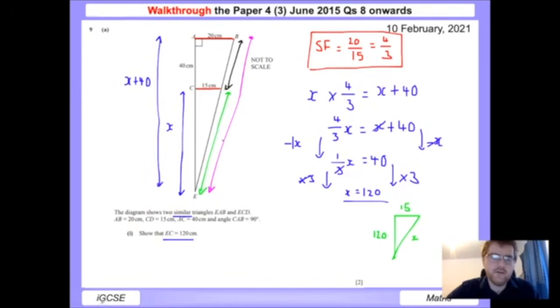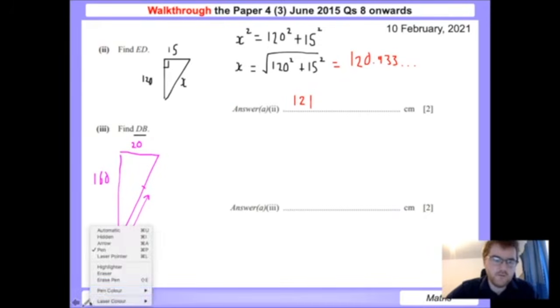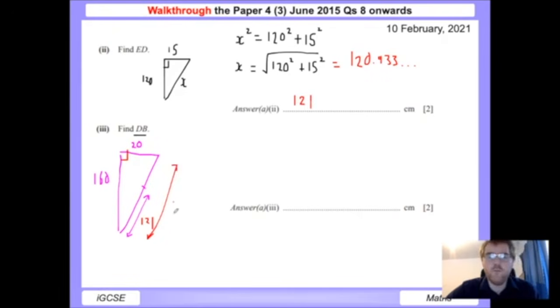So let me go on to the next slide and show you what I mean. It was 20, it was 160. We've already worked out this part. This was 121. So we just use Pythagoras for the entire length. If we call the entire length y, then y is equal to the square root of 160 squared plus 20 squared.